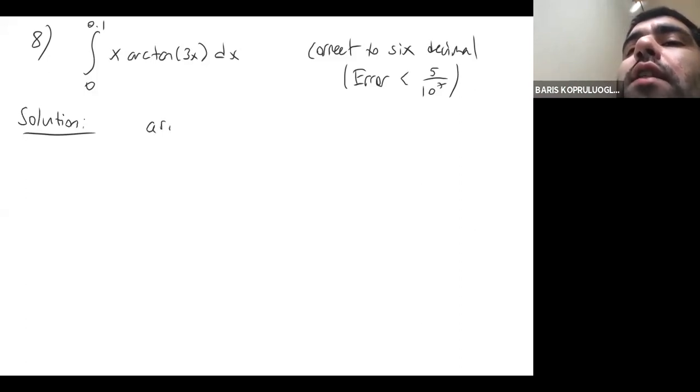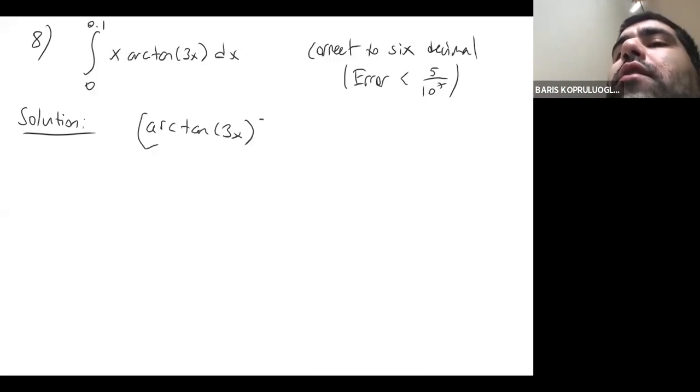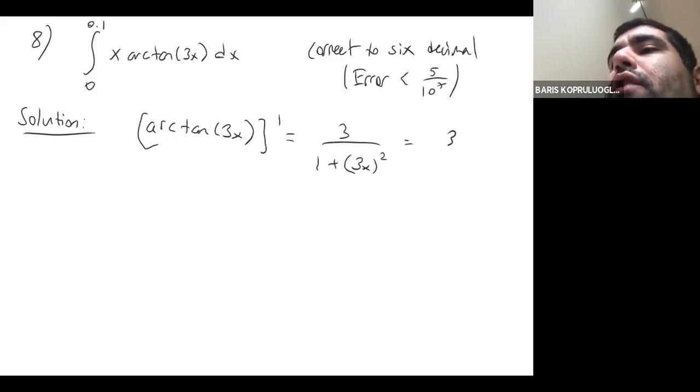Let's start with that. Arctangent of 3x, its derivative is 3 over 1 plus 3x squared. In other words, 3 over 1 plus 9x squared.